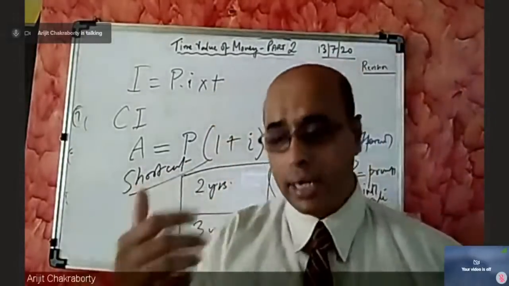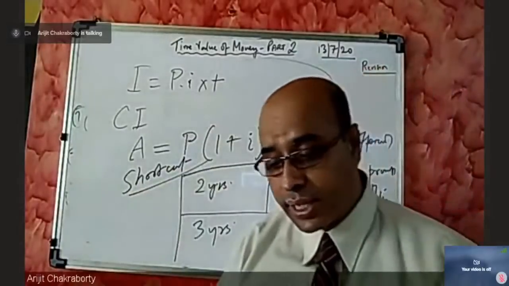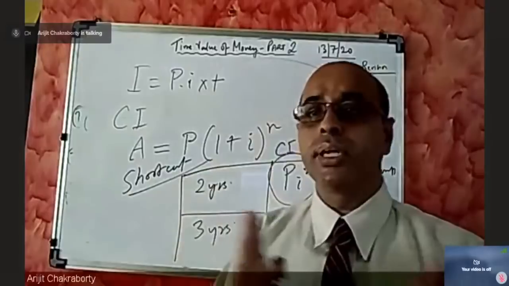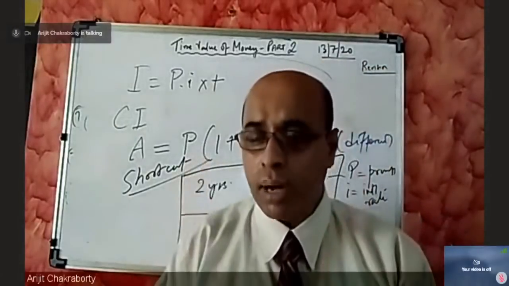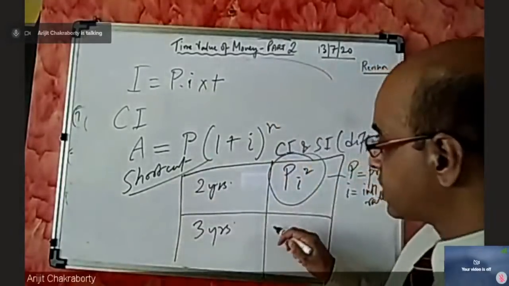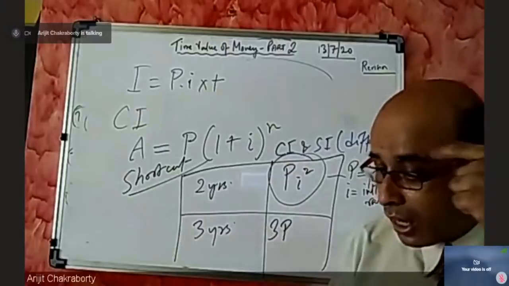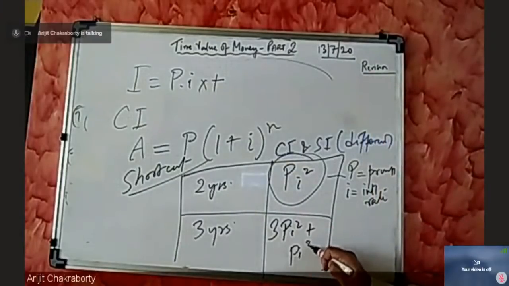Similarly, for 3 years, that means if the question is, find out the difference between the compound interest and simple interest calculation on a given amount of money for 3 years, right? The formula is 3PI square plus PI cube.